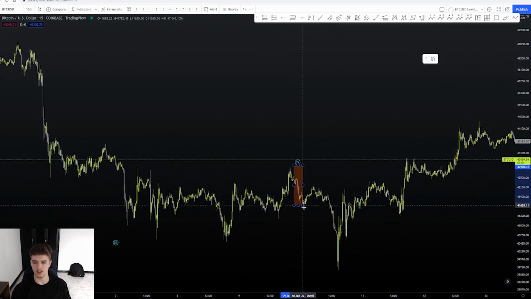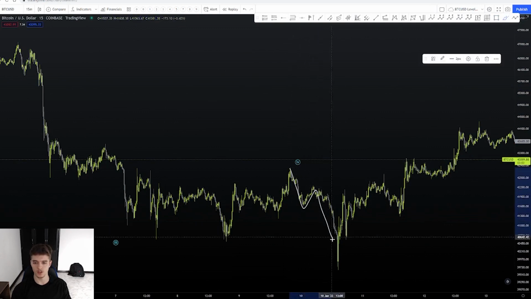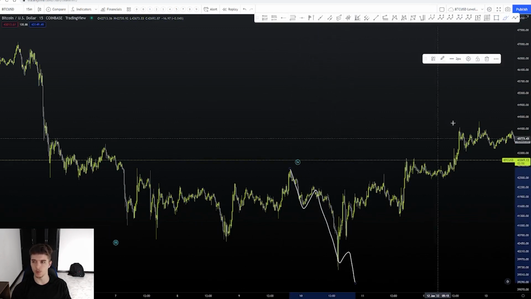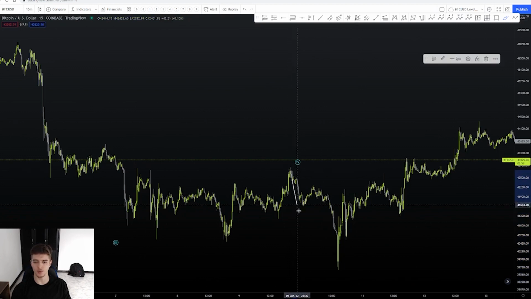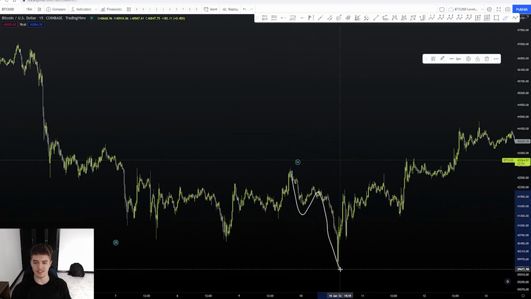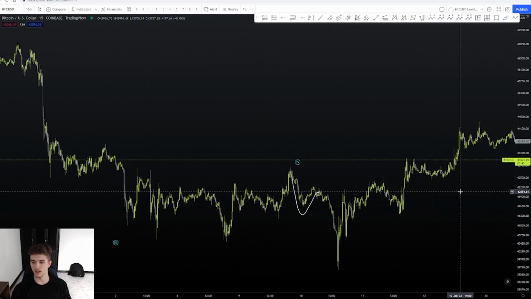So you would want to see 1, 2, 3, 4, 5. But instead, you get more of a 3-wave move, so more like an A, B, C. So that's why I'm not inclined to say that the wave 5 was complete right here. So I am looking for lower, but it is debatable.